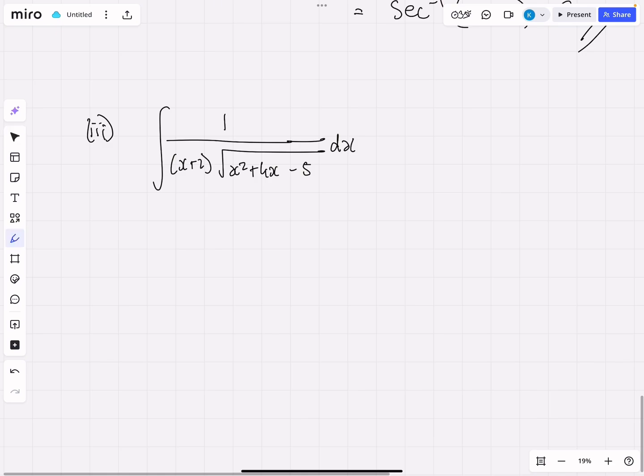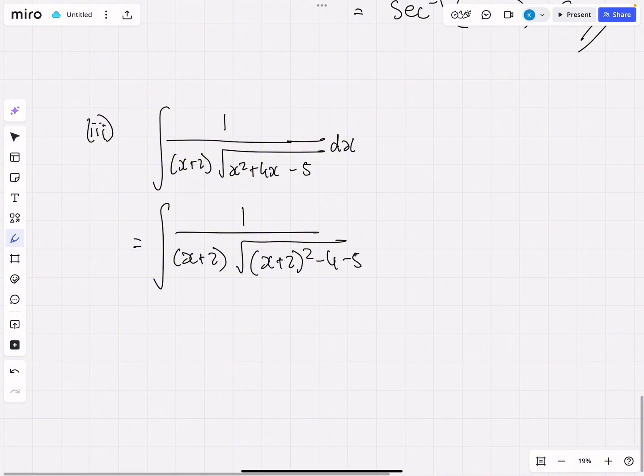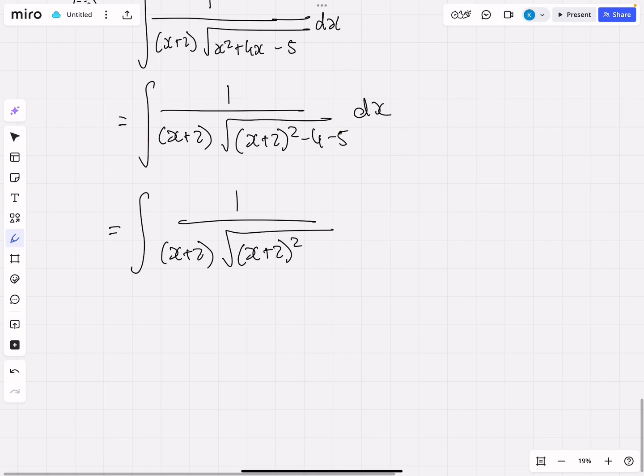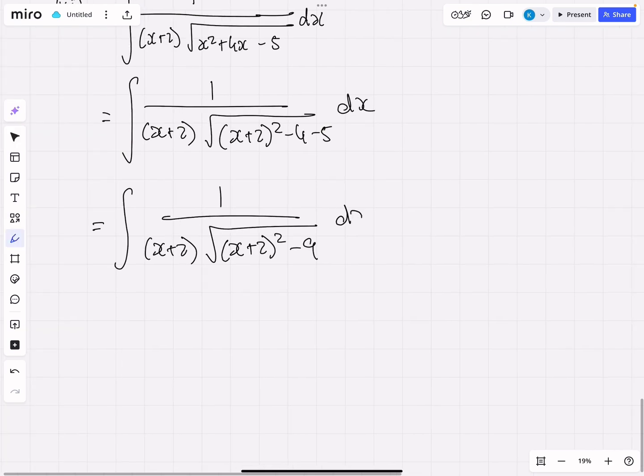It's part III, sorry. Let's complete the square again. So we're going to have 1 over x plus 2 multiplied by the square root of x plus 2 squared minus 4 minus 5. That's going to give us the integral of 1 over x plus 2 times the square root of x plus 2 squared minus 9 dx.